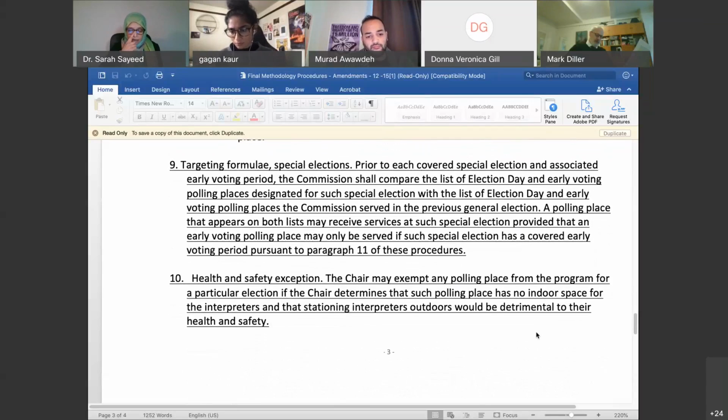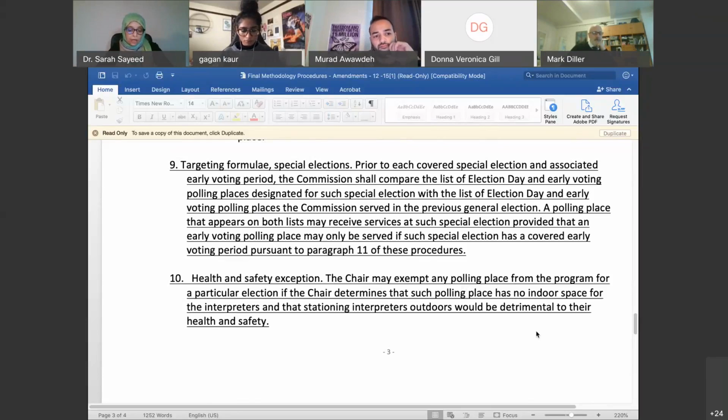And what this is saying, again, making explicit, is that prior to every covered special election and associated early voting period, we will look at the election day and early voting polling places that are designated for that special, and we will compare it to the election day and early voting sites that the commission served. And if there's a poll site that appears on both lists, in other words, BOE is providing services for a special at that poll site and CEC covered it in the general, we will consider those poll sites for services.